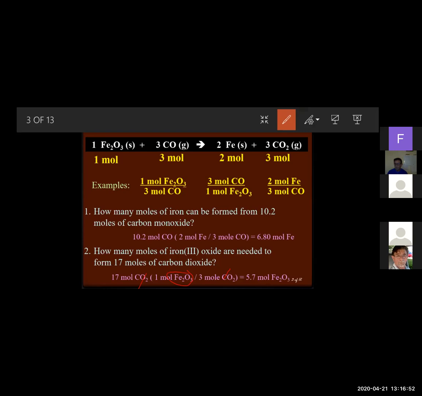And now you simply do the math. So 17 divided by 3, giving you 5.7. Keep track of your sig figs. Don't forget the sig figs, because we got 2 sig figs there. These numbers, 1 and 3, obviously are exact numbers, and therefore don't play a factor in sig figs. So our answer should have 2 sig figs.